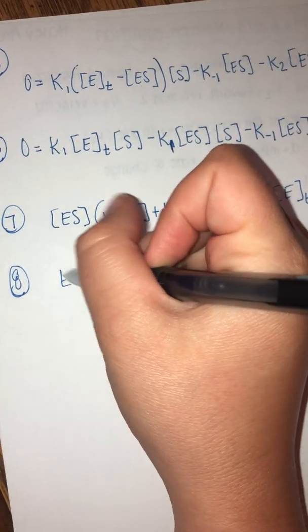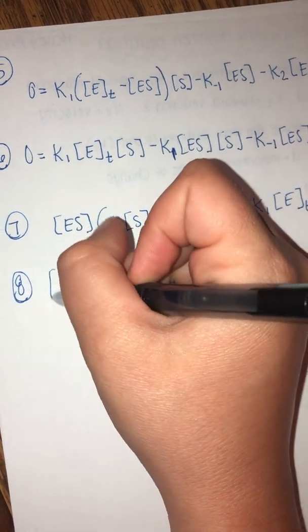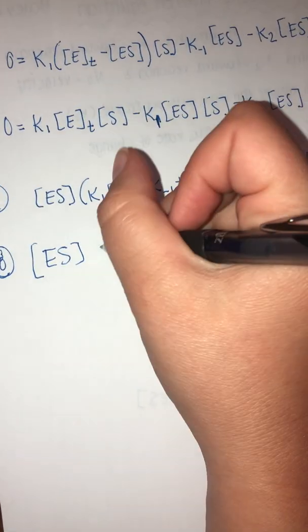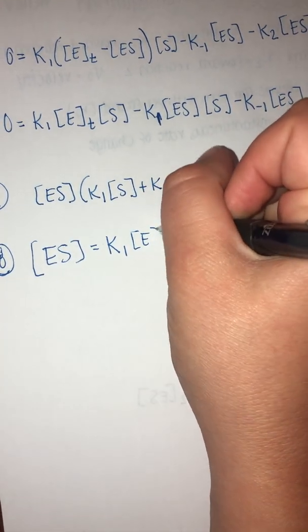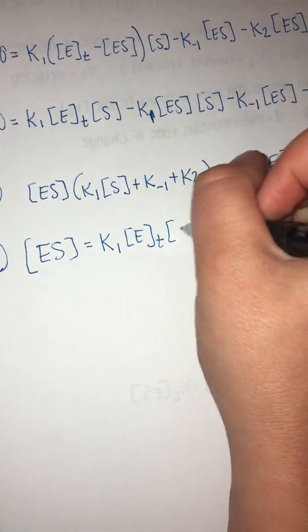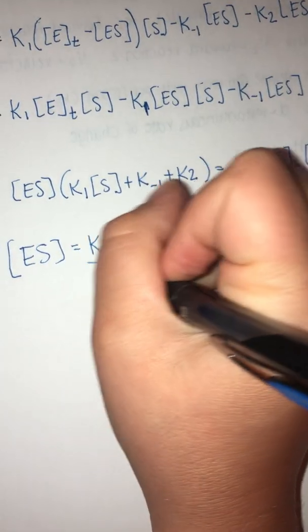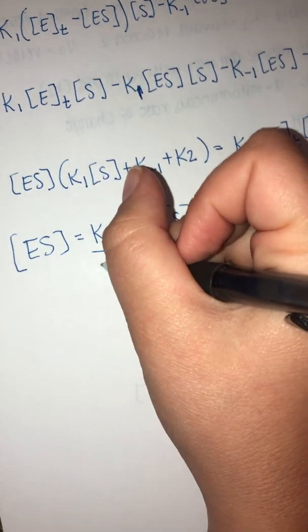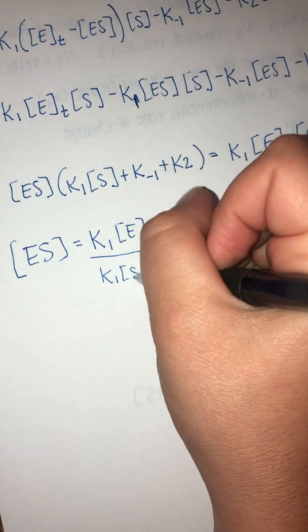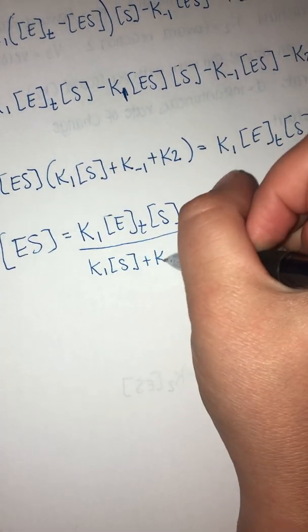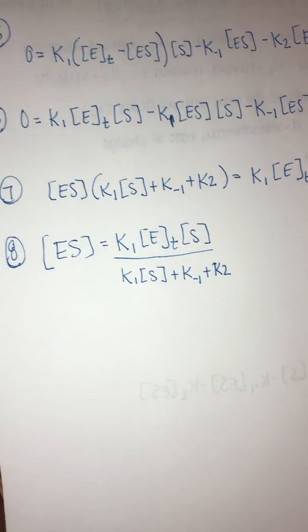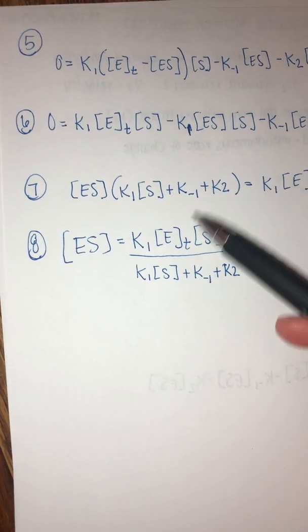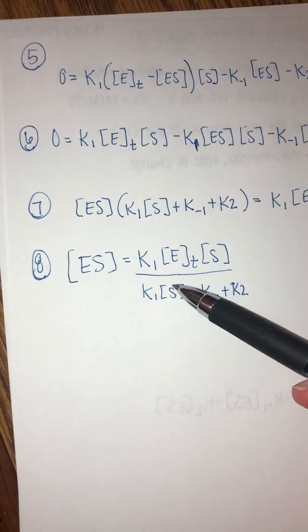So that will look like this. E sub T S divided by K2. Okay, so now we can get rid of K1 since it's in the numerator and denominator.